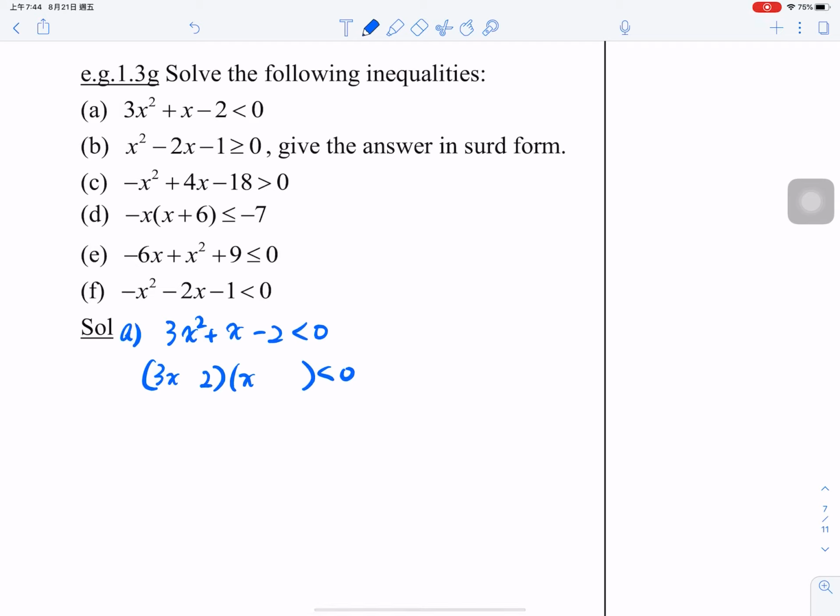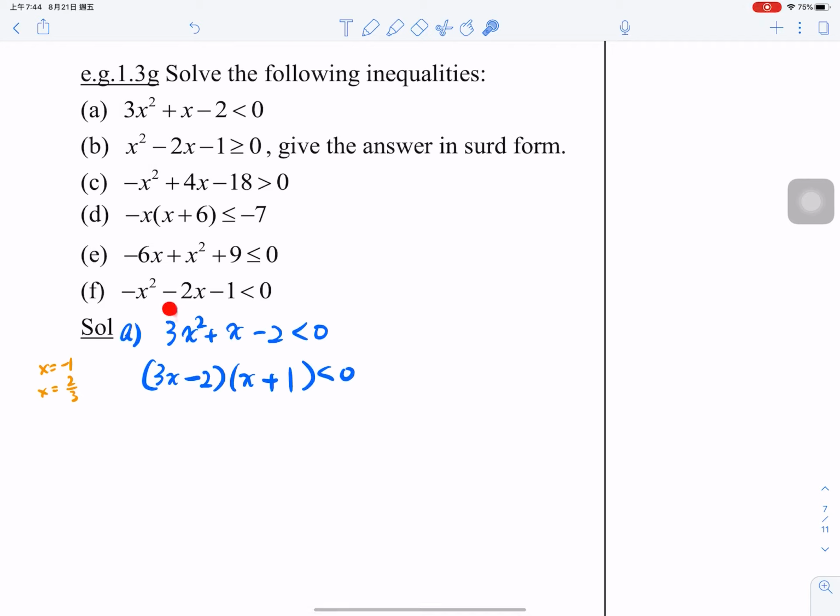Here is 2 and here's 1. Because 3x and 2x, you can get 1x. So 3x minus 2x. Clear? Now you have x equals negative 1, x equals 2 over 3. These two values.